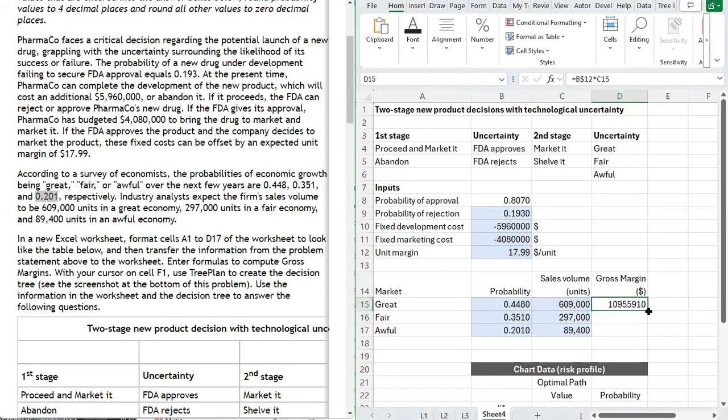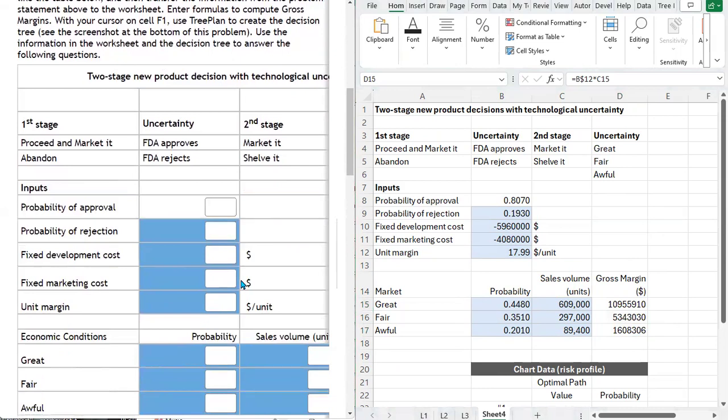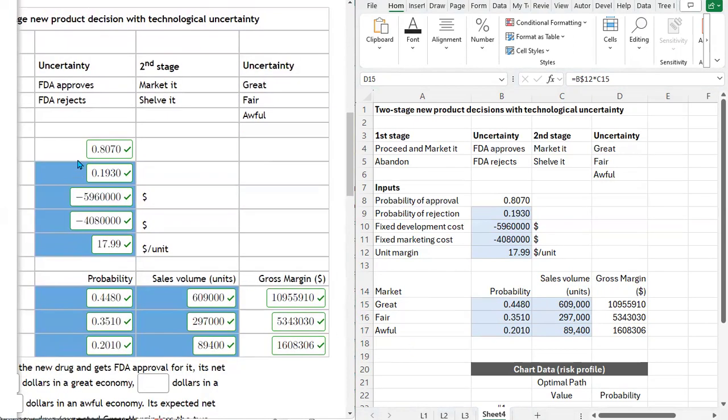And then I can drag this down. Now I'm going to enter these values in my table here to verify that I'm doing it right. While I'm doing that, pause the video, fill in your table with your values, and then resume the video when you're done. All right, welcome back. It looks like we got all these correct answers. So we can move on to building the decision tree.